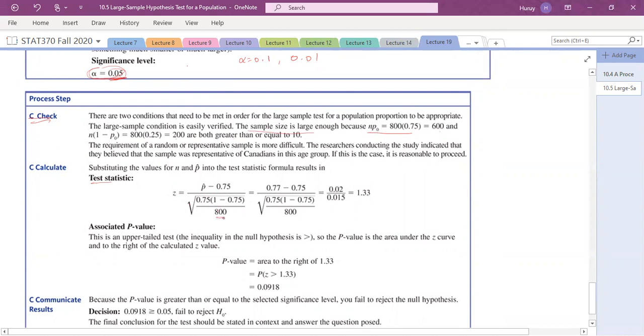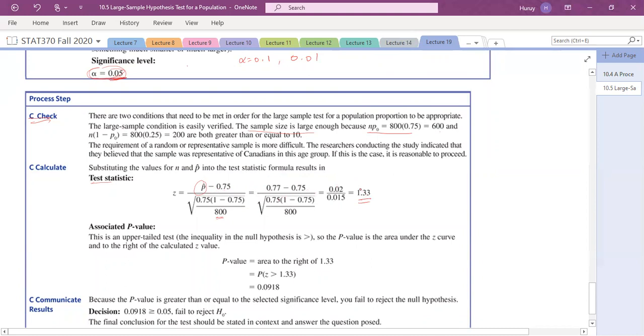So n is 800 and p hat is 0.77, because it says 77% answered yes. So that's the value of p hat from the sample. Therefore, we can use a calculator to perform these operations, and we have z equals 1.33.